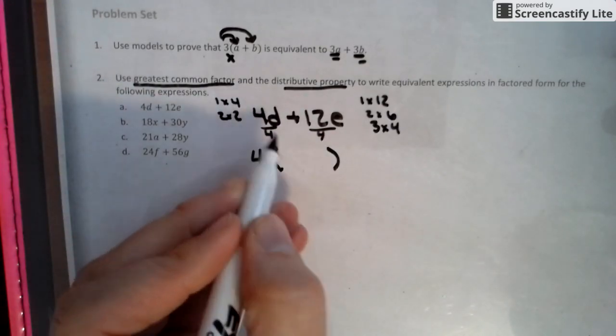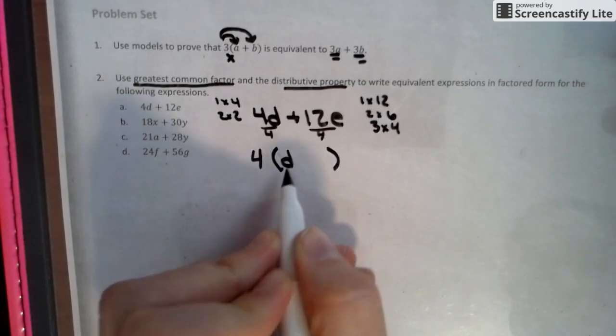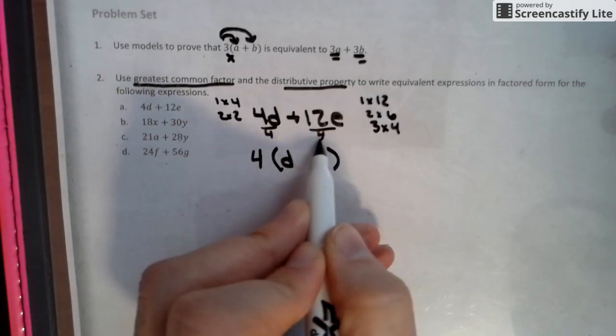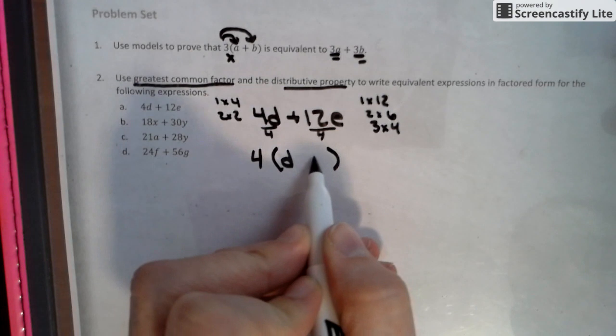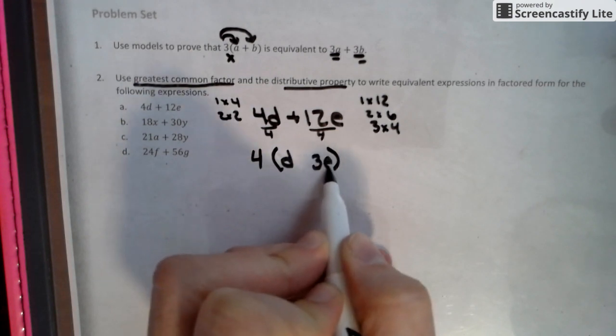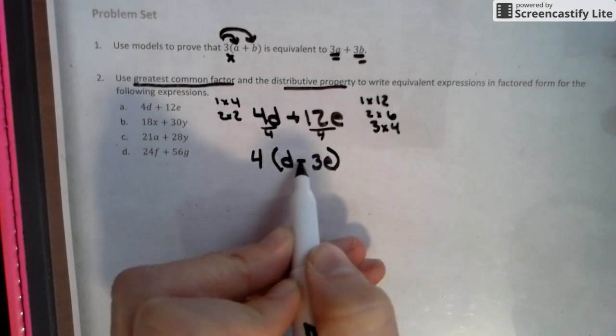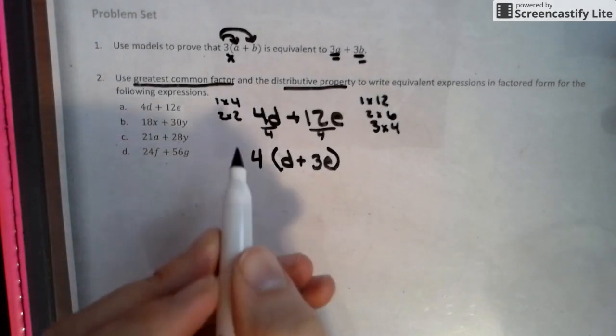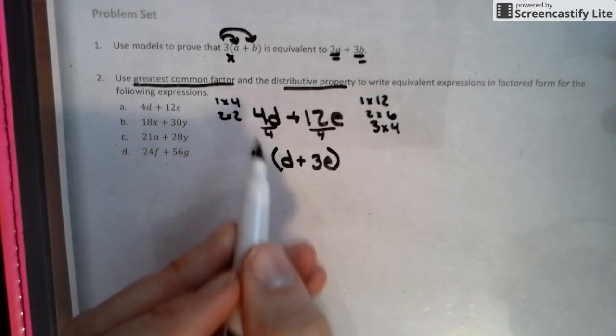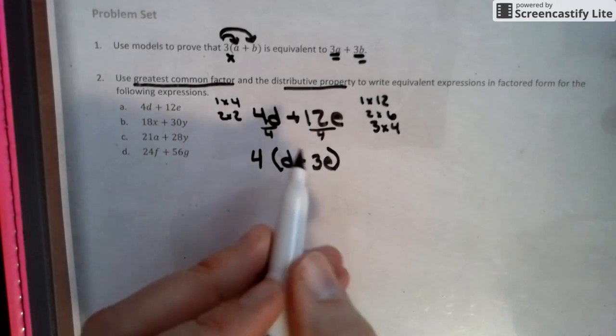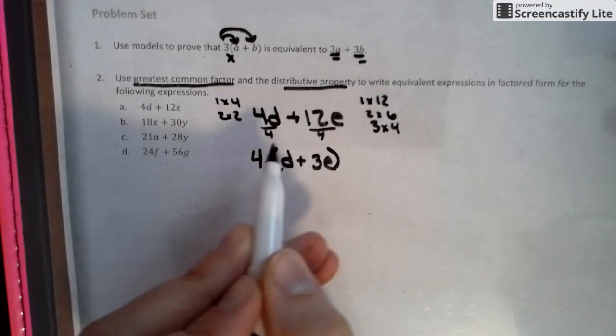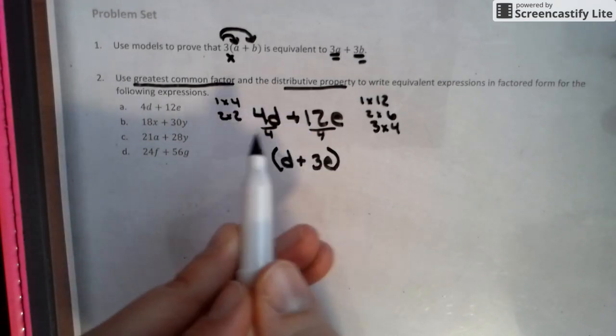If I take the 4s out of this, I'm just left with the D. But if I take a 4 out of that, 4 goes into 12 3 times, and I still have the letter E, and then I can't forget to put the plus sign. So I used distributive property, and I will get back what I had. See, 4D plus 12E, back to where I was.